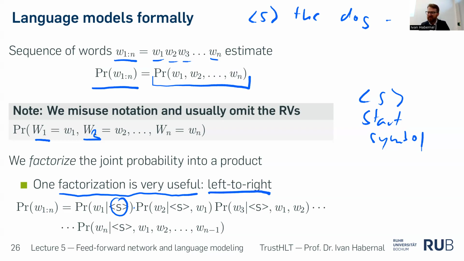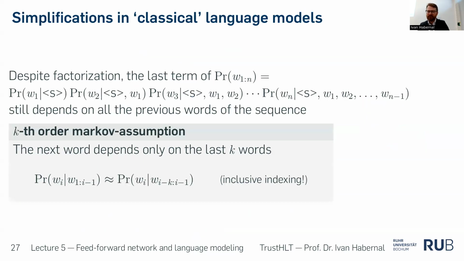Why is this interesting and important? So far not really, because it doesn't make life any easier to have this kind of product compared to just the full probability. We have to simplify things, because despite this factorization, the last term is still super large and depends on all the previous words of the sequence.